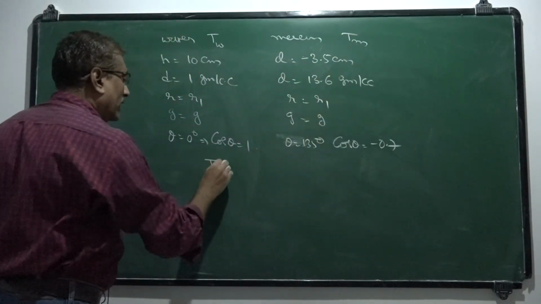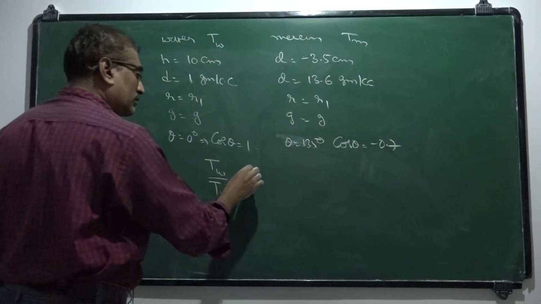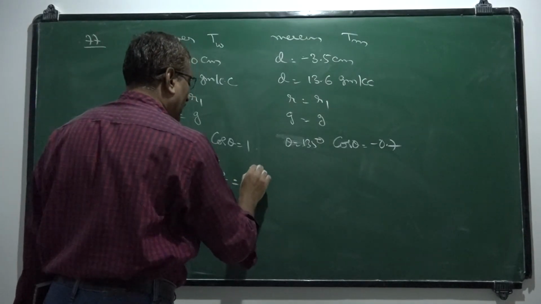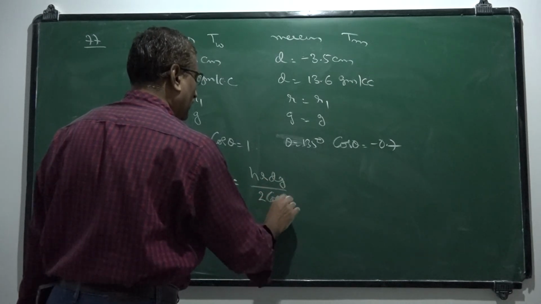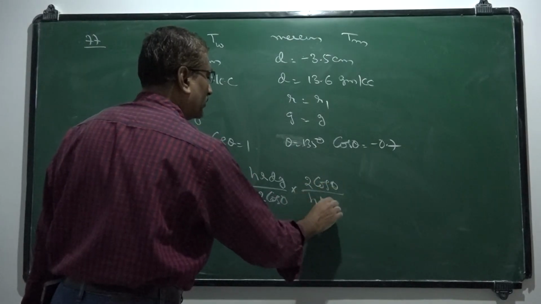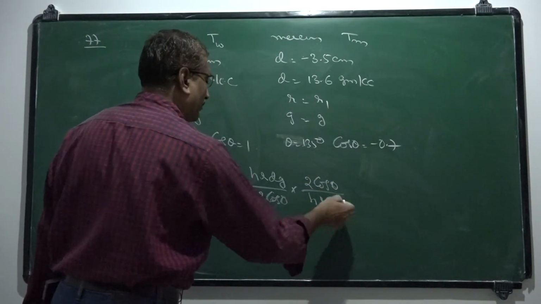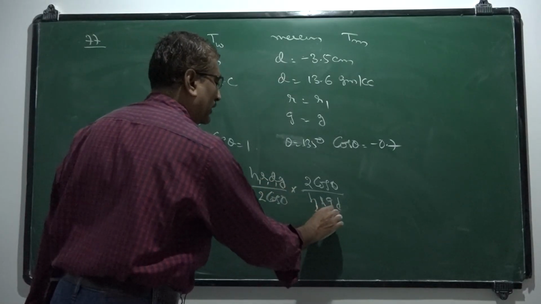So T water by T mercury is equal to h r d g by 2 cos theta into 2 cos theta by h r d g. So here h1 r1 d1, h2 r2 d2, you can say, assume like this.